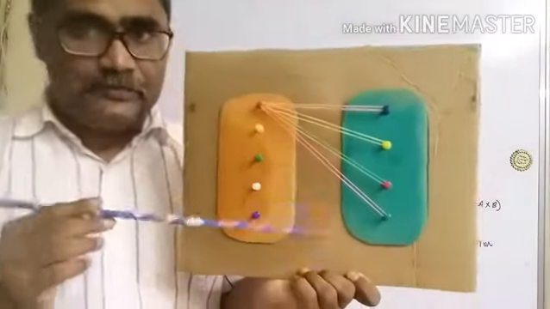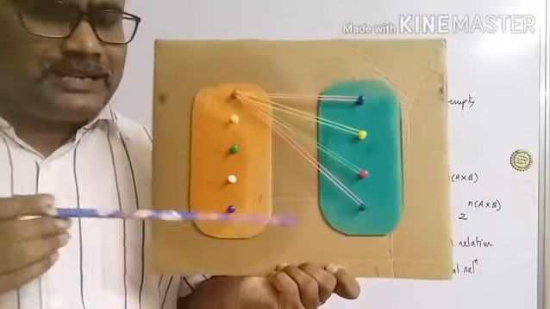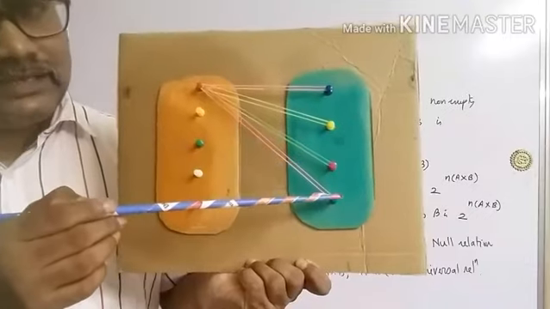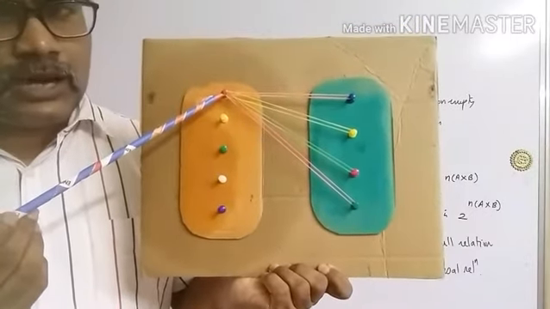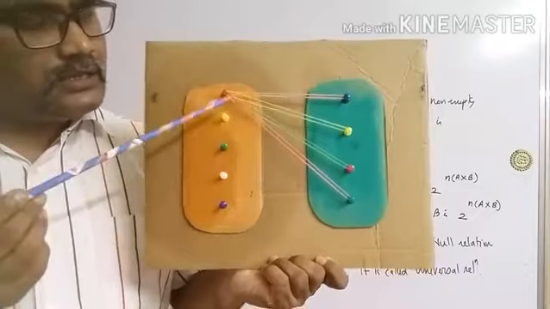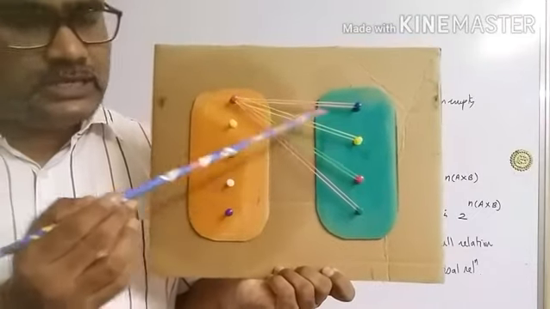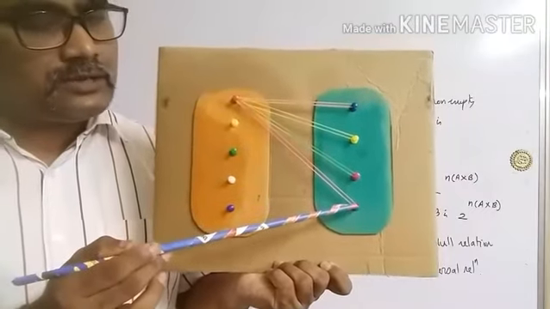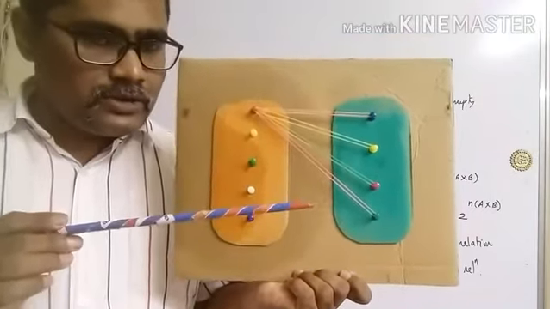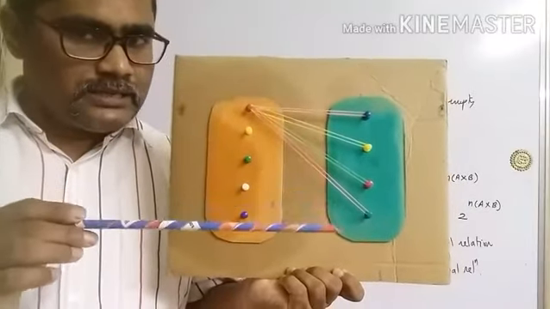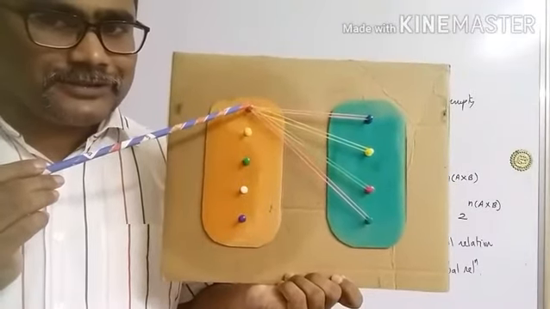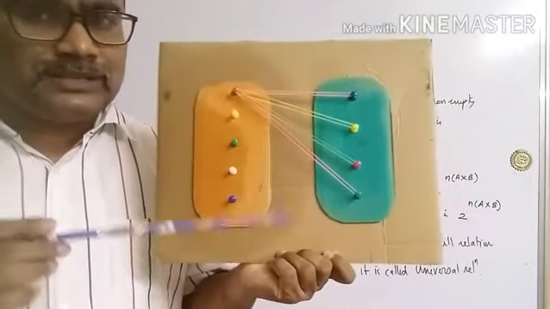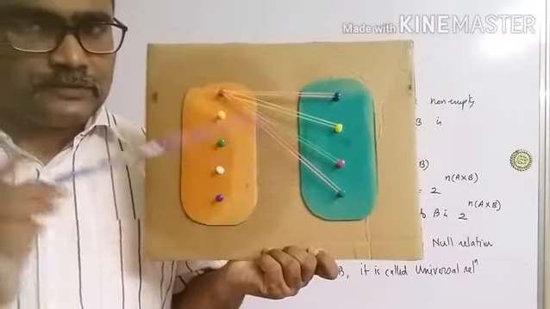For example, momentarily, if I consider this as 1, 2, 3, 4, 5 and this as A, B, C, D, then this one has to be related to A, B, C, D in order to write A cross B. This is what I am talking about, the elements shown by the rubber band. Purposely I did not mark these relations.